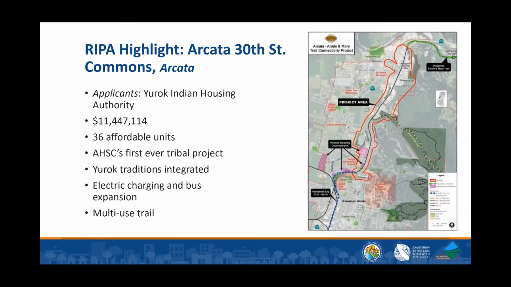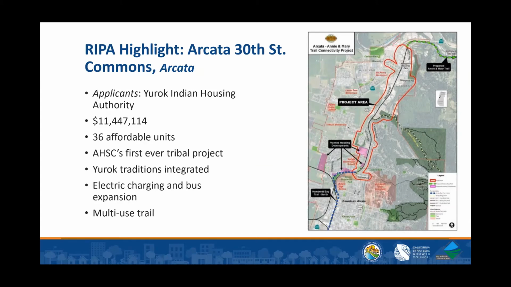Our final case study is a Rural Innovation Project Area, or RIPA project, in Arcata. This was our first ever tribal project awarded through AHSC and actually funded through our tribal funding set aside. The project received nearly $11.5 million, about 3/4 of which went towards affordable housing development costs and housing related infrastructure costs.